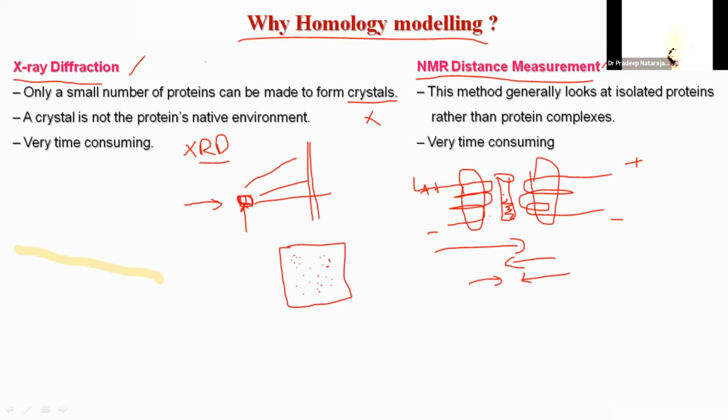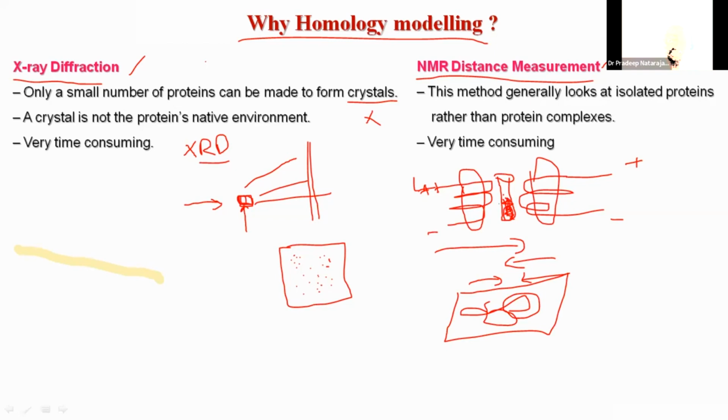In that case, we will be placing one plate here. Based on these resonance structures and the diffractions of the magnetic field, we can find the structure of the protein. The drawback in this method is that only proteins that can be solubilized, or solubilized with some adjuvants, can be studied.